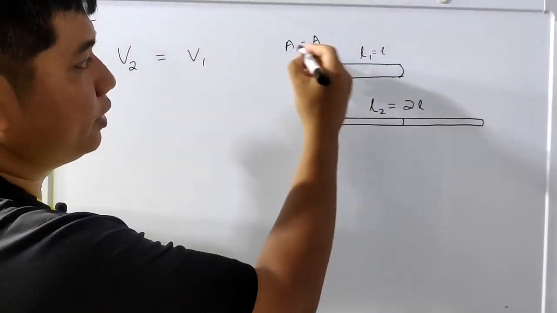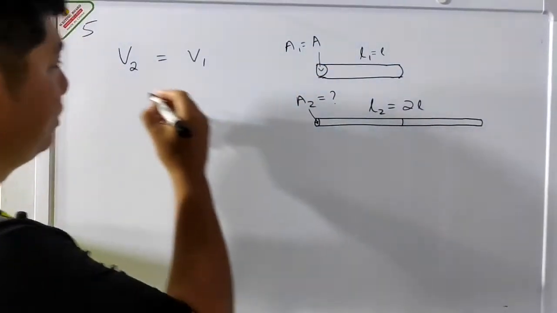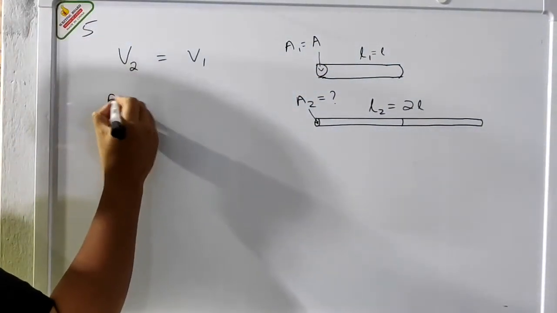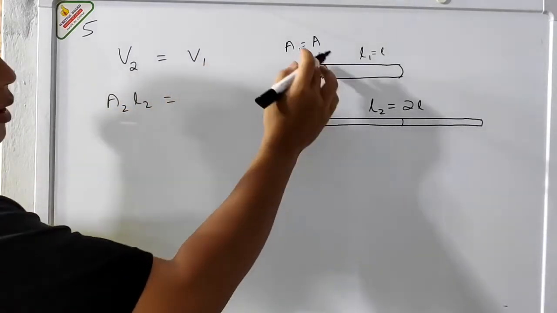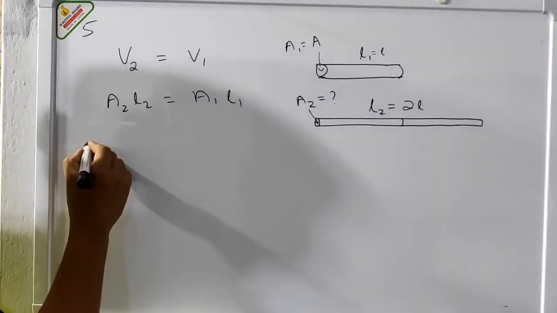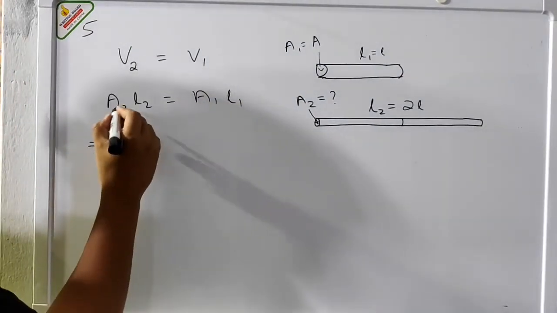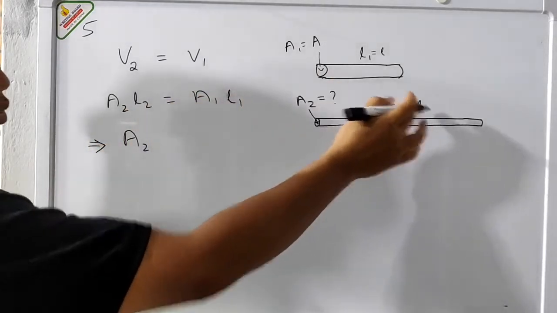The volume is A into L, cross-sectional area into the length. So V2 will be A2, 2L, and V1 will be A1, L1. Here we are going to calculate A2. L2 is 2L.